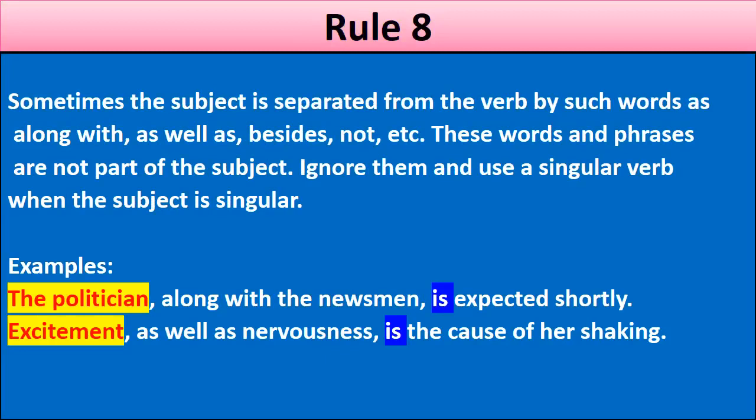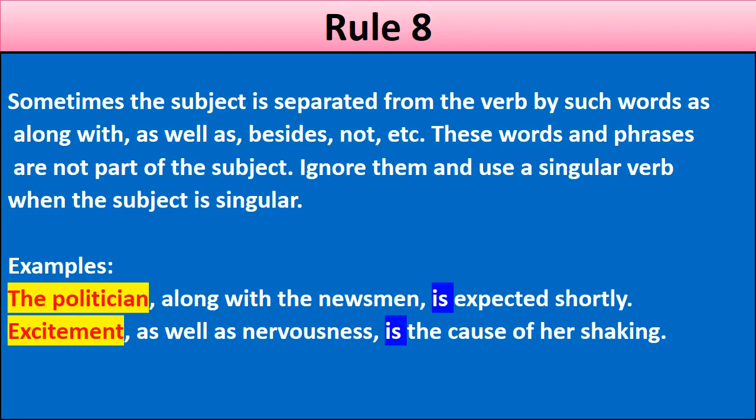Sometimes the subject is separated from the verb by such words as along with, as well as, besides, not, etc. These words and phrases are not part of the subject. So ignore them and use a singular verb when the subject is singular. For example, the politician along with the newsman is expected shortly.